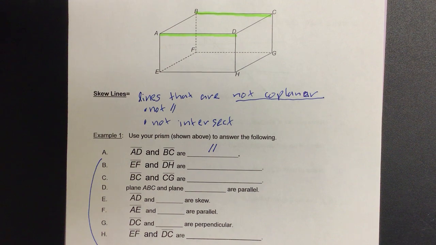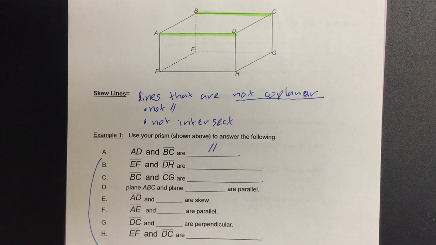All right, 30 more seconds. A, B, and B, F. It doesn't matter. BC and CG are perpendicular. What is perpendicular? I forgot what it means.